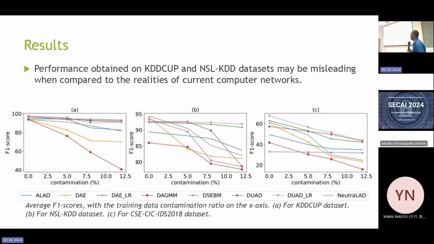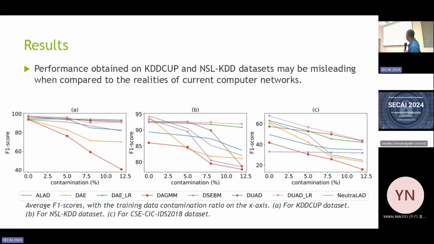So here are the results that we got. For plot E, this is an evaluation on the KDD dataset, an old dataset, but unfortunately we keep using it in the community. In that dataset, you can observe that almost all the models except the GMM perform quite well, even when we increase the contamination ratio in the training set.